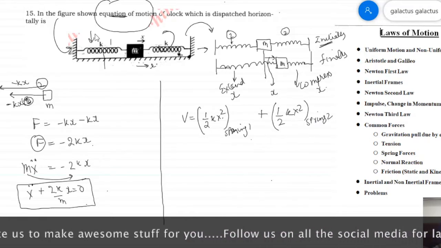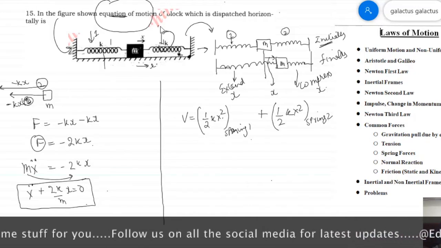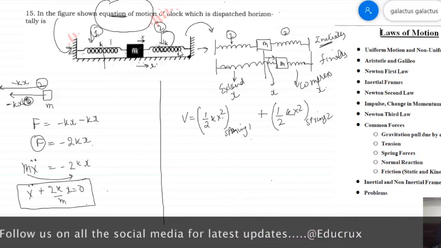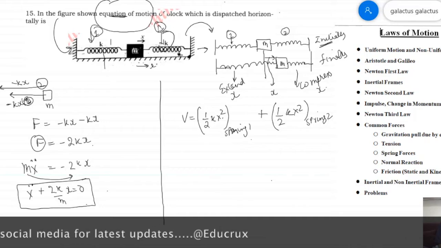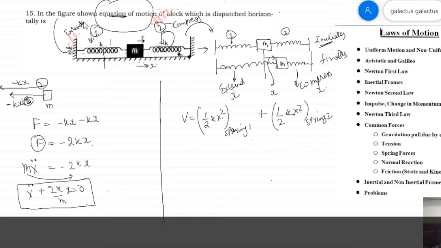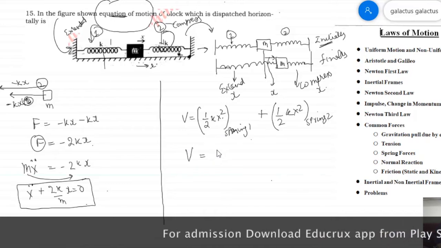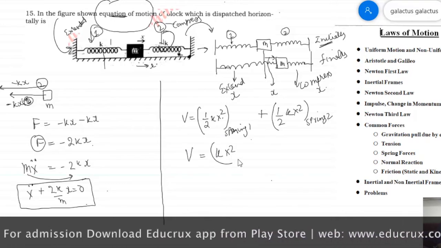This is our spring 1 and this is our spring 2. If I displace the mass by x, spring 2 will compress and spring 1 will extend. If I add up these two quantities, I get kx square.